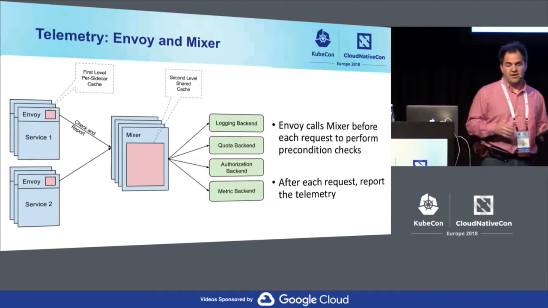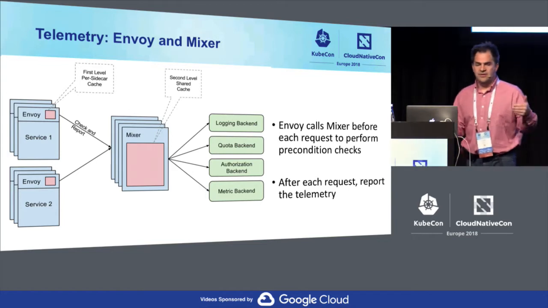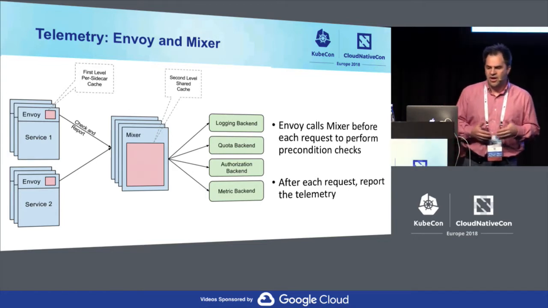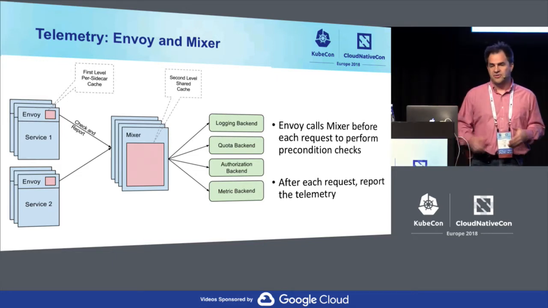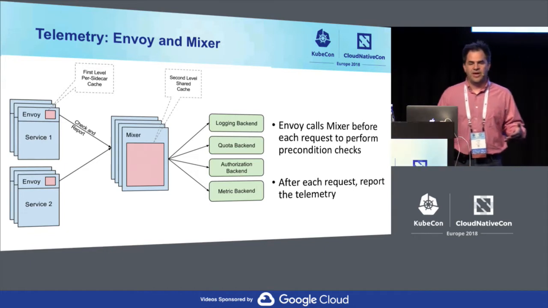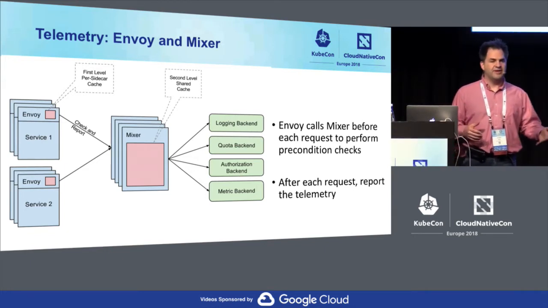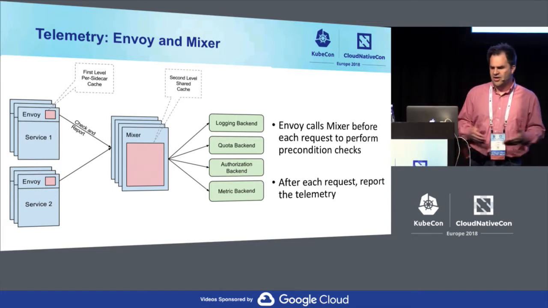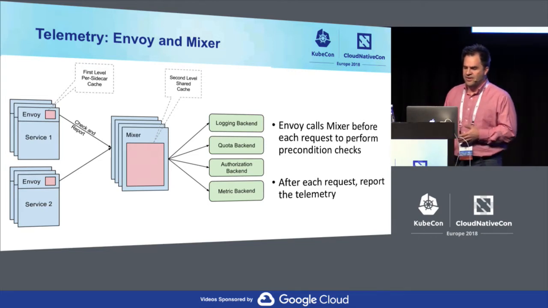And with this comes fairly broad telemetry as the actual proxies route the traffic. They feed data through the mixer, both as they initiate the call as well as when they complete the call. So you get really detailed information about how each transaction has performed, how many transactions you're performing, and what the response time of each of these transactions is. Really good visibility, a lot of traceability into it.